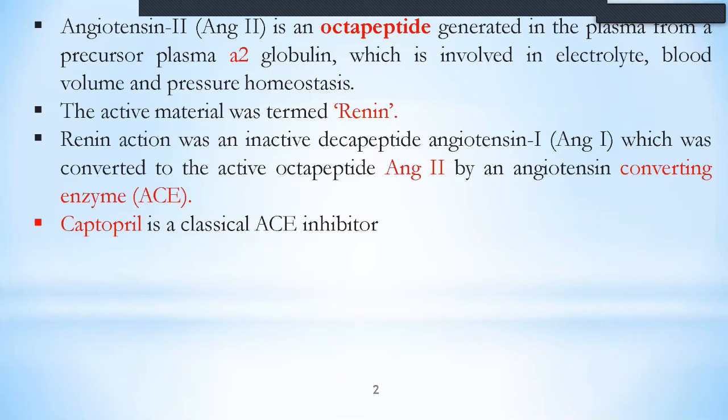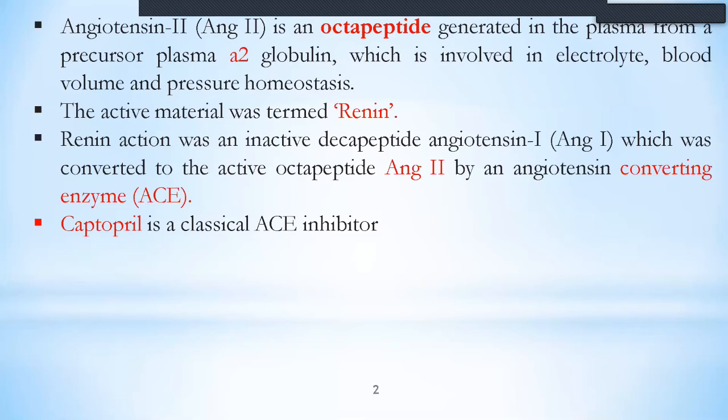Coming to the first one, how it is synthesized. Angiotensin 2 is an octapeptide generated in the plasma from a precursor plasma globulin, and it is involved in electrolyte, blood volume, and pressure homeostasis.